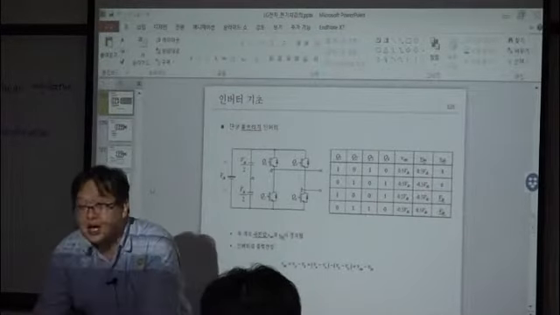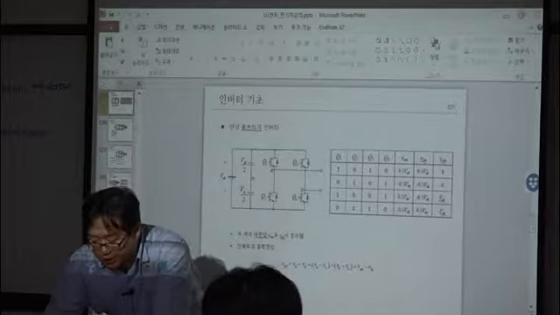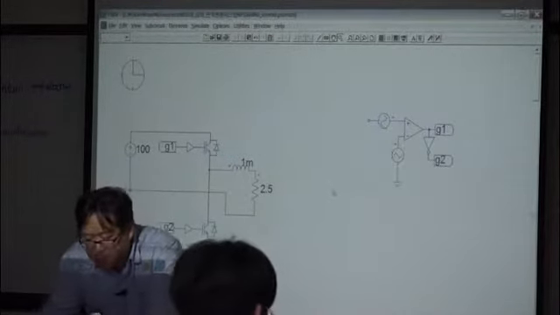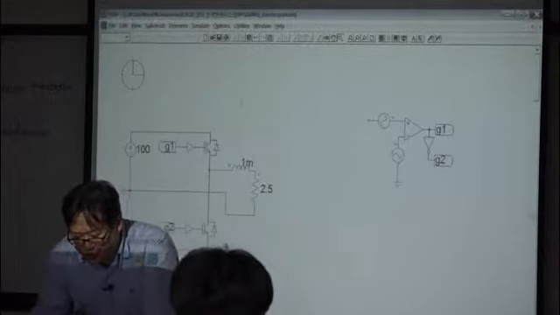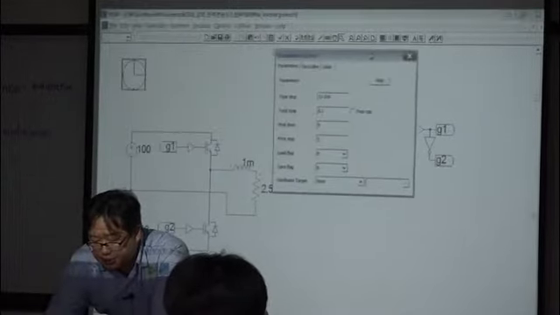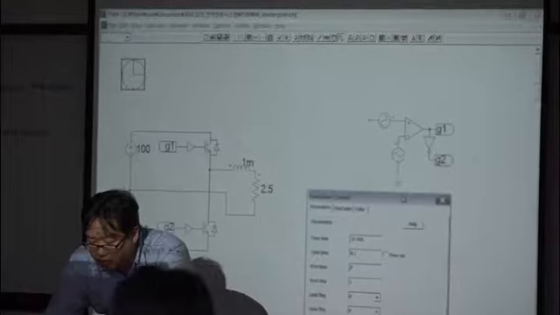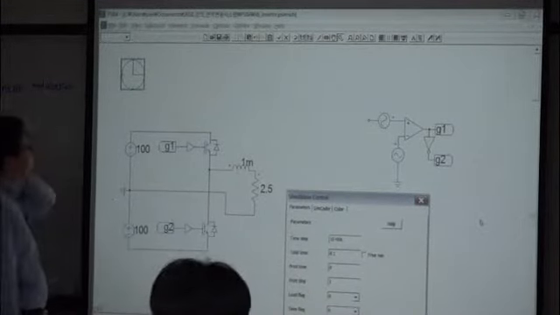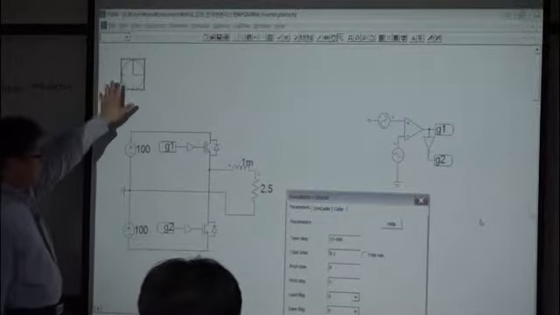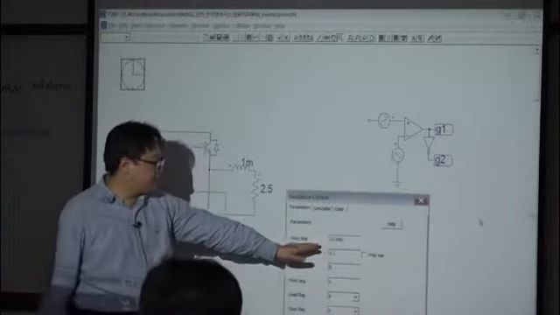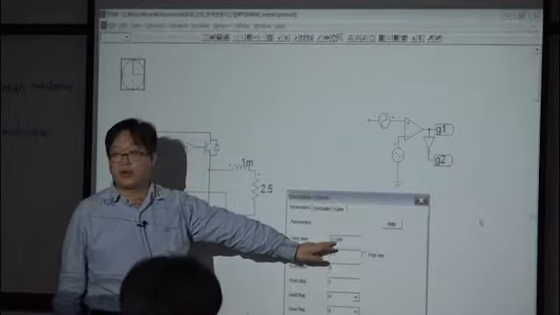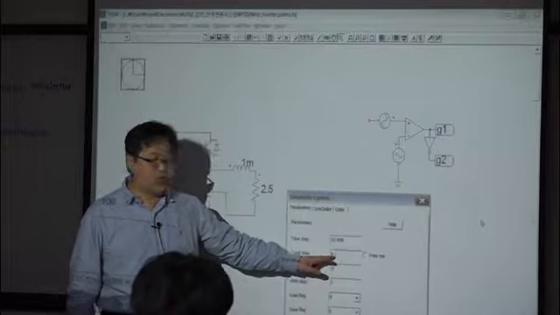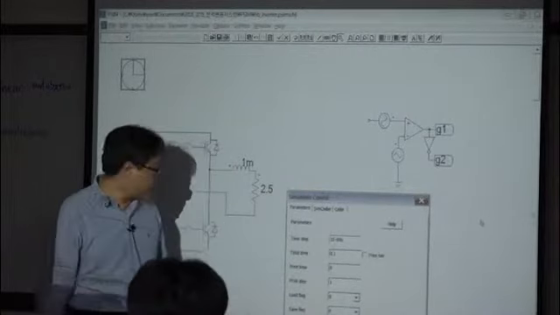Okay, let's implement the half-bridge inverter. Open your PSIM and implement your circuit like this here. Then in your simulation control, your time step is 1 microsecond, and you simulate for 0.1 second. Okay.